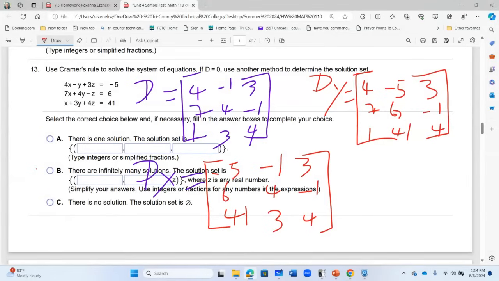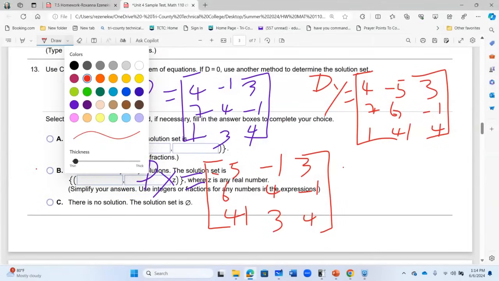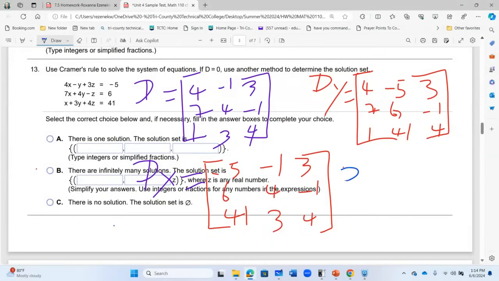Then you find Dz. So for Dz, replace z with the constants the same way.